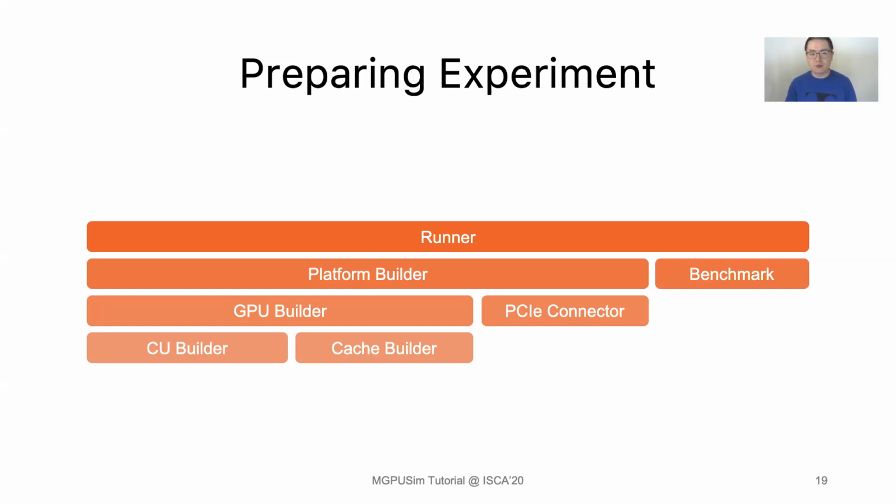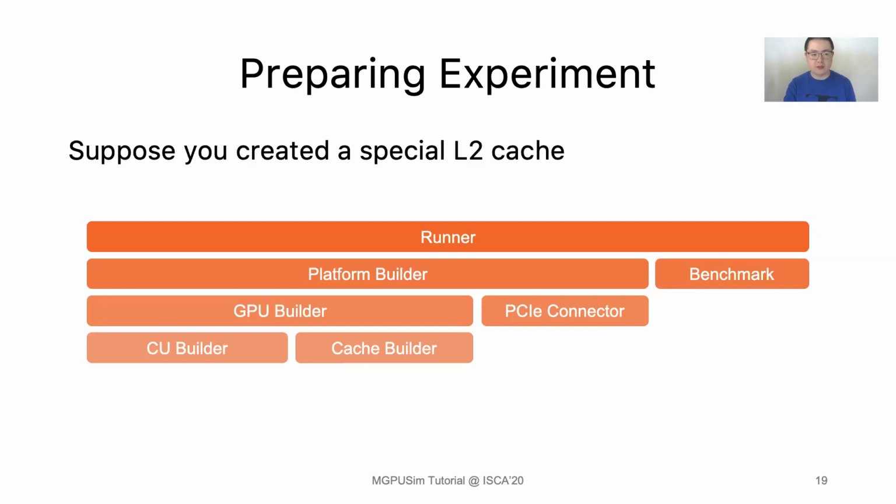So how do you prepare your experiment? Suppose you create a special L2 cache and you want to integrate this L2 cache. What do you need to do? You need to replace the runner so that you can use a new platform builder. And you need to use the new platform builder so that you can invoke a new GPU builder. Then you need to replace the GPU builder to invoke your new L2 cache builder.